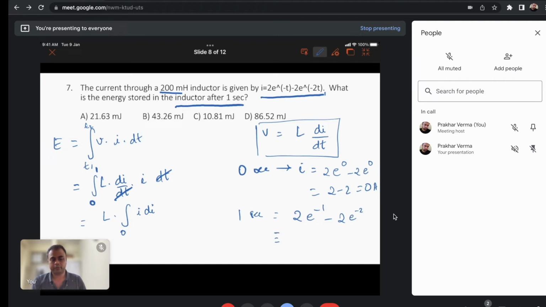You have to keep your calculators handy here. I will use the calculator to find the values.